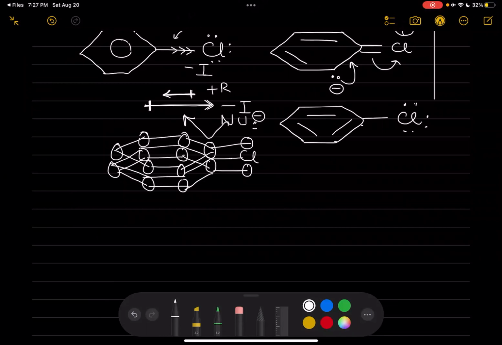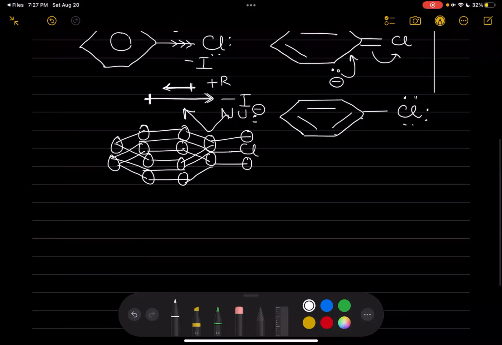It has an electron density above and below the ring, because you have double bonds. The electron density will not be along the line joining the atoms, it will be above and below. So the nucleophile will be repelled. Means what?